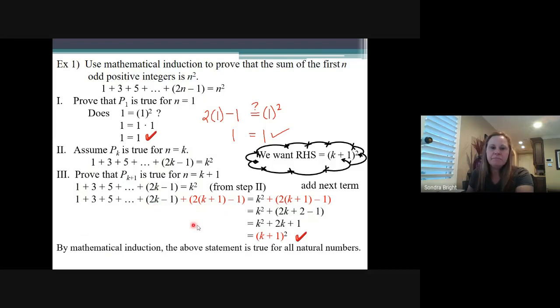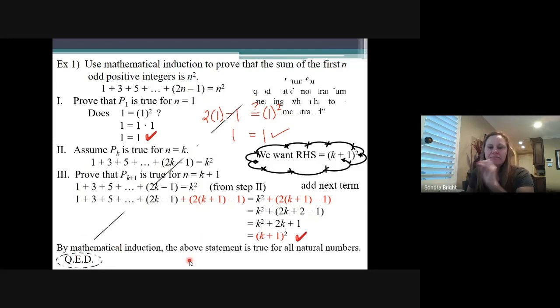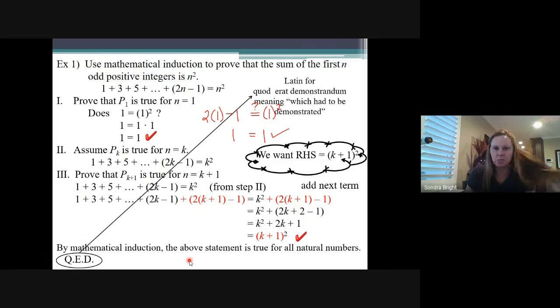And then mathematicians like to write QED as meaning the end of the proof. In Latin, it means quod erat demonstrandum, which means which had to be demonstrated. You asked me to prove it. I just did. It's kind of like the final mic drop. Oh yeah, I just did it. You asked me to, and I did it. That's what a QED is, basically.